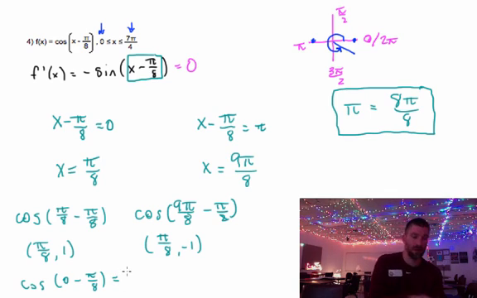Go ahead and put that into your calculator, because that's not something that we should have memorized. Okay? So I'm just going to go into my calculator. I'm going to make sure that I am in radian mode, because we're dealing with pi over 8. That's a radian measure. So I'm just going to change that real quick. And then I'm going to plug in cosine of negative pi over 8.